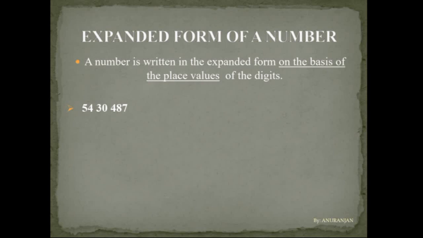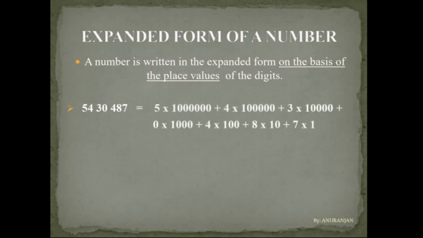So here, instead of multiplying, we'll leave it in the multiplication form. So we'll represent it as 5 into 10 lakh. Then we'll show an addition with the next digit after 5, that is 4. 4 is in which place? 4 is in the lakhs place. So we'll show the place value in the product form for the digit 4. So 4 into 1 lakh.